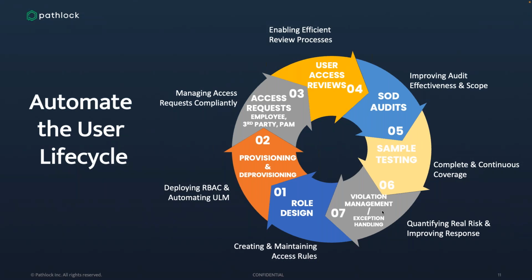So how do you know that you're actually not having any SOD style violations when you're not auditing the entire scope of what's happening inside of your system? That's where that complete and continuous coverage really comes into effect, because we've got to improve the audit effectiveness. It can't just be such a small subset of what the challenge is.